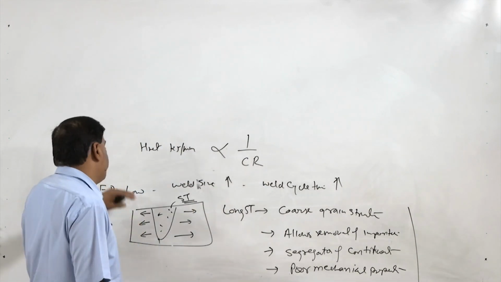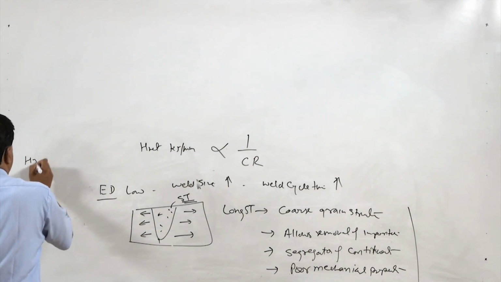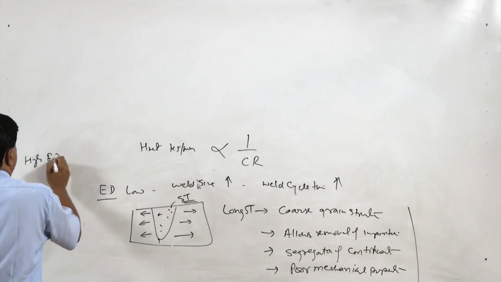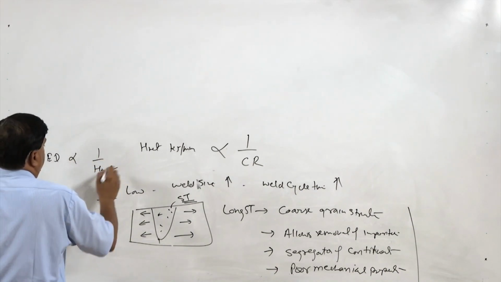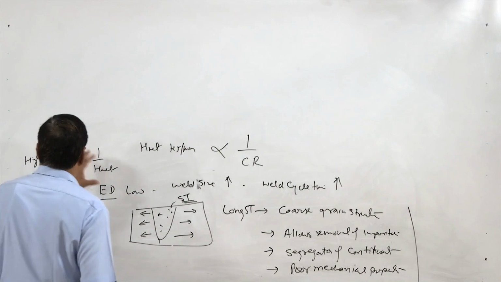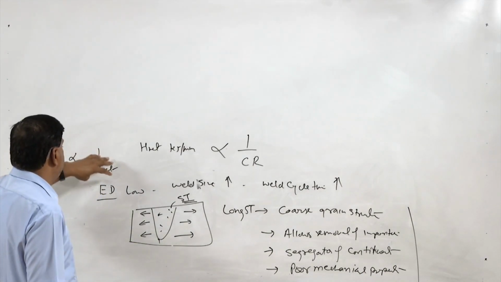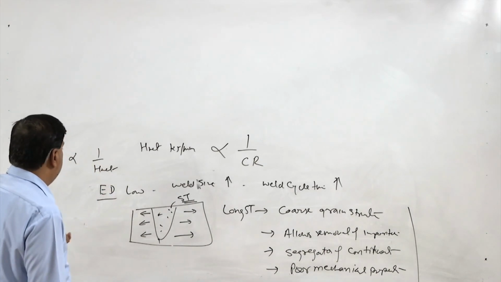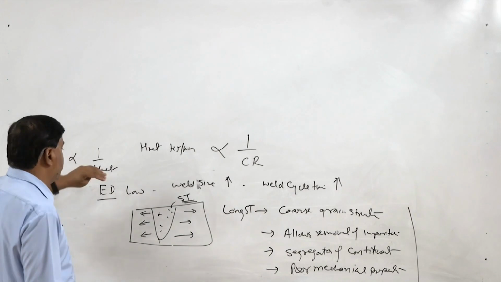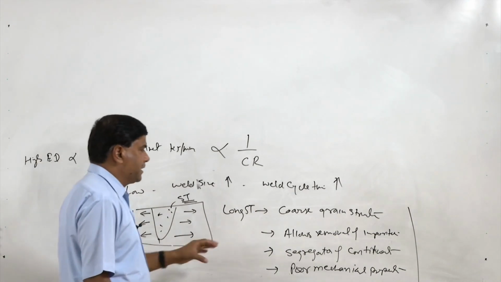On the other hand, higher the energy density, lower will be the H net required. So these are again inversely related. High energy density, the heat input will be low, or if the energy density is low, heat input will be high.